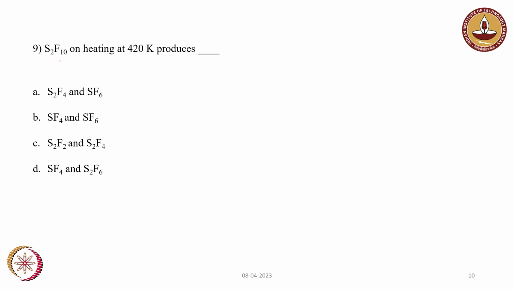Next question is S2F10 on heating at 420 Kelvin produces. Option A is S2F4 and SF6. Option B is SF4 and SF6. Option C is S2F2 and S2F4. Option D is SF4 and S2F6.